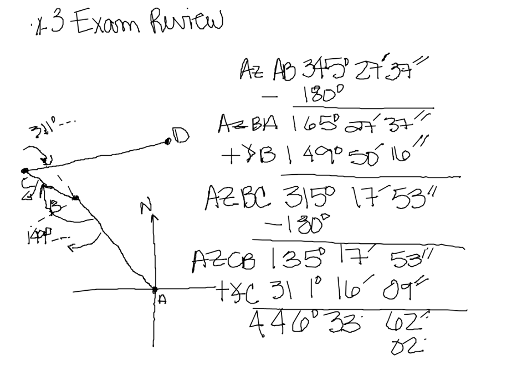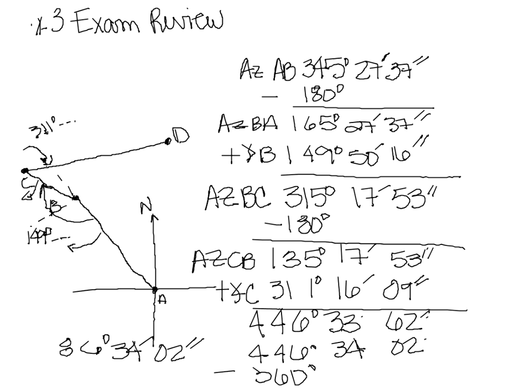This becomes 02, and this becomes 34, 446, minus 360, gives us, let me write it over here, 6, 36 from 44, should hopefully be 8, 86, 3402. And that is now the azimuth of C to D.